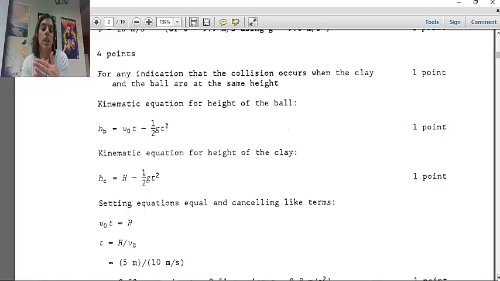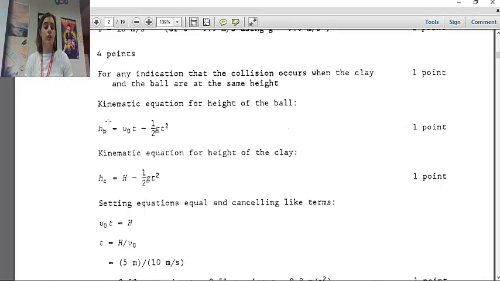So you have to have some indication that the height of the clay and the height of the ball are the same when the collision takes place. Okay? So we know for the ball, it is coming back up. It has some initial velocity as it leaves the ground, okay? And it's going to be slowing down on its way up because gravity is acting in the opposite direction.